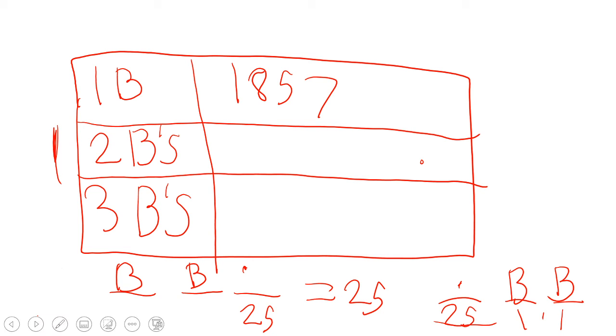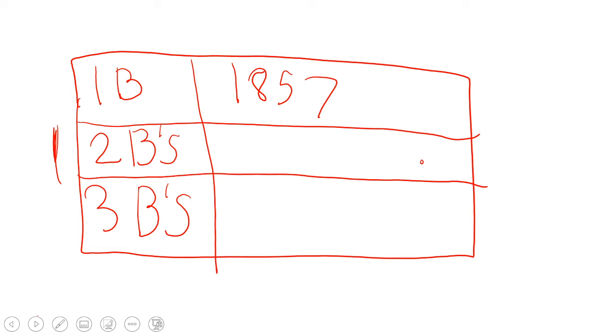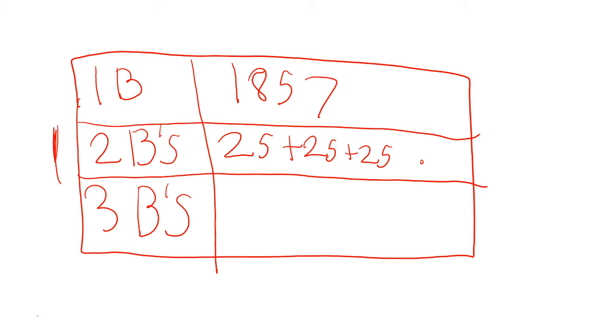If we get a little more organized, what we can also do is record our computations in the table, which is going to be pretty useful. Over here, we know we can have 25 plus 25 plus 25, and 25 times 3 is 75.